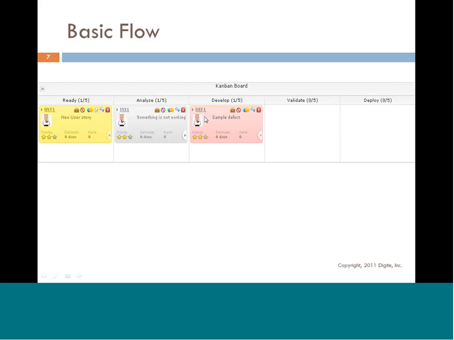Here the assumption is that all your work, whether it's an issue, a user story, or a defect, goes through the same value stream: ready, analyze, develop, validate, and deploy. Now, that may not be true, so this is a very simple depiction. For each type of work, you may have a different value stream. We will see how you can implement it in the SwiftKanban product.